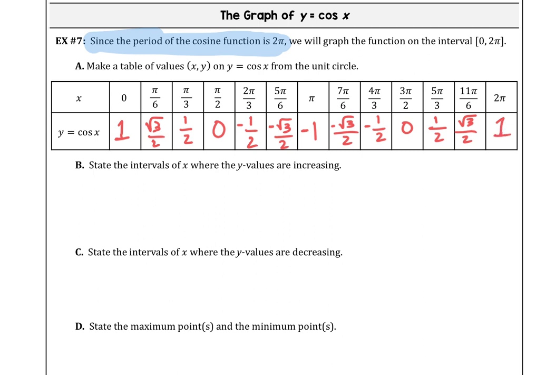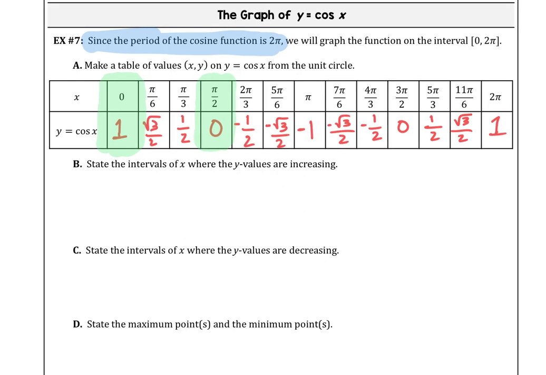Okay, and so I'm going to point out a few important points that we'll use to graph here later. We've got this point here that I'm highlighting in green. That's going to be one of our max points. Then right here at pi over 2, where we jump from positive to negative, that's an intercept or an inflection point.